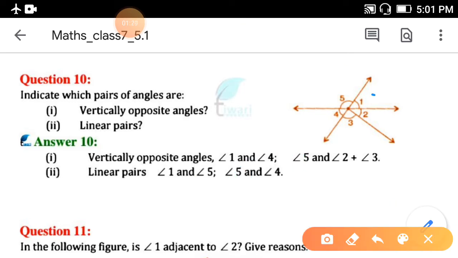So that is angle 1 and angle 5. You can see if you add them up, you will get 180 degree, and in between them one arm is common, that is this one, and the other two arms are opposite to each other. Second pair, 5 and 4, because 2 and 3 is not possible to make a linear pair. So the second pair is angle 5 and 4.